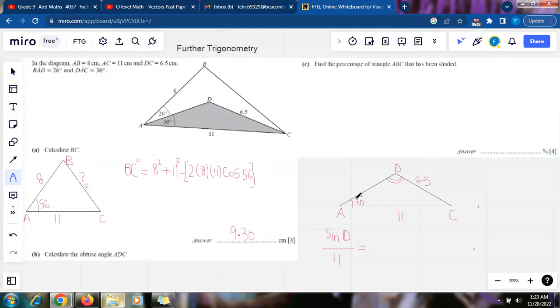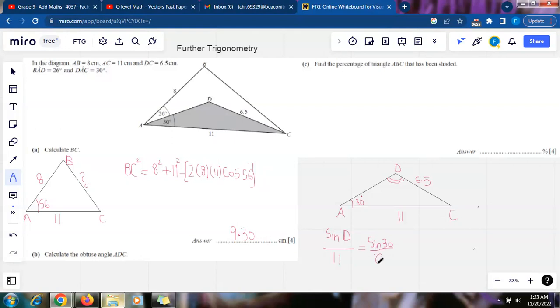So this is the angle 30 degrees which is given, and the side opposite to this angle is also given, 6.5. So I will just take this as my next pair. So this will be sine 30, divided by 6.5.